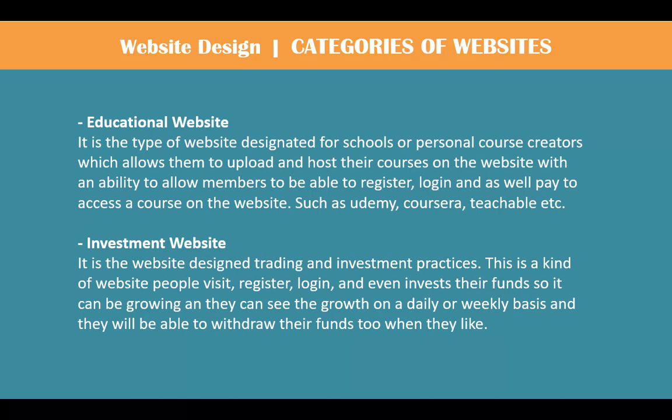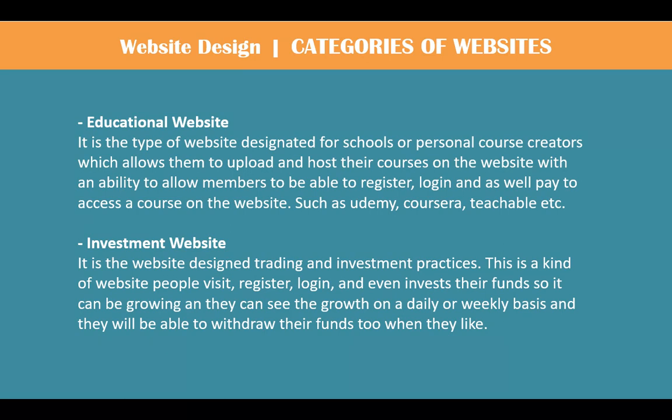Educational website is a type of website designed for schools or personal course creators, which allows them to upload and sell their courses online. Investment website is a type of website whose purpose is just for investment.